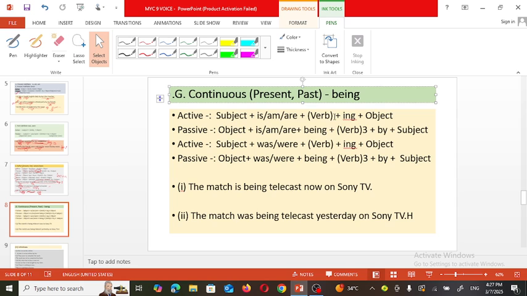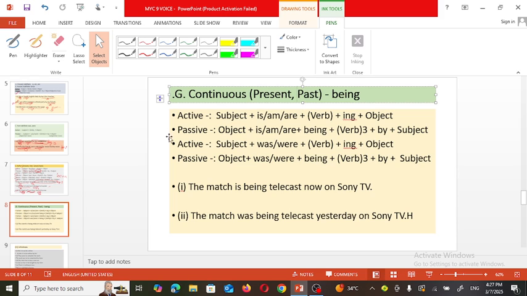I am teaching grammar, or Meena is writing a letter, or boys are playing cricket. So these are the sentences in the active voice. Now, for example, boys are playing cricket. Cricket is, because cricket is singular. Here boys, plural, was there, so the to-be form "are" is used.